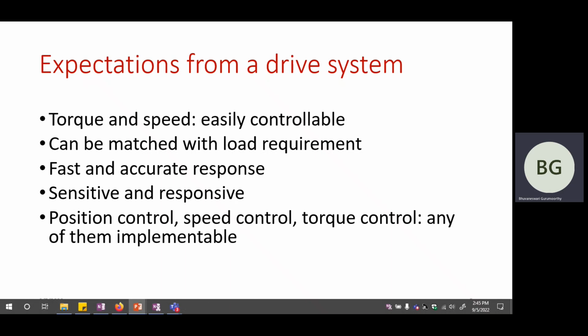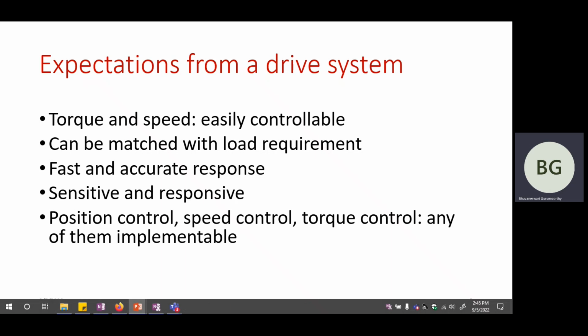So all along I had been talking about speed and torque just to emphasize the fact that position control also becomes extremely important. I'm just adding that these are mainly the 3 kinds of control mechanisms that are implemented. And of course, speed control or torque control is normally implemented with voltage control or current control.